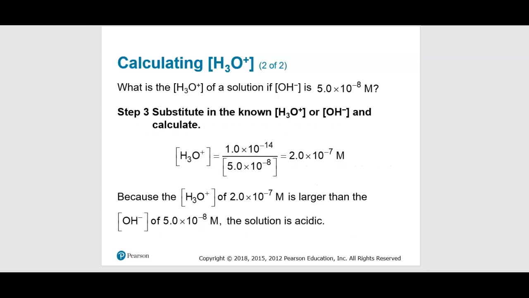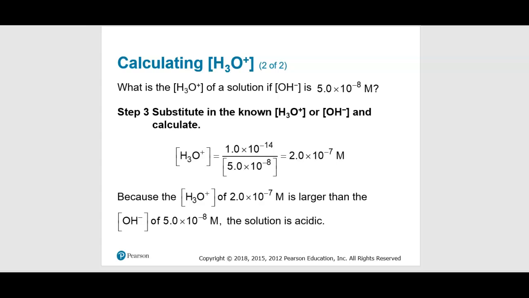And here you have 1 times 10 to the minus 14th divided by 5 times 10 to the minus 8th, which is 2 times 10 to the minus 7th molar, which gets close to neutral, but it's not neutral.